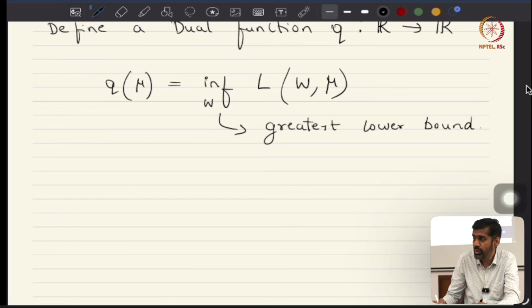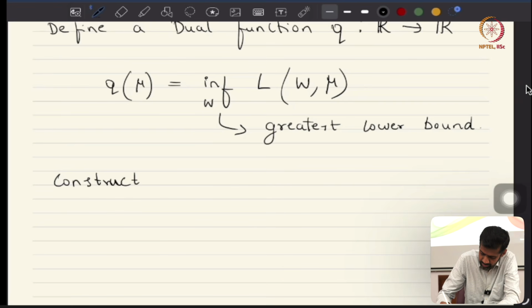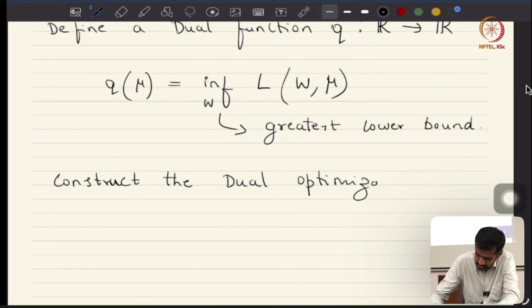Okay, so this is the dual function. We'll have to define what is called a dual optimization problem. Construct the dual optimization problem as follows.